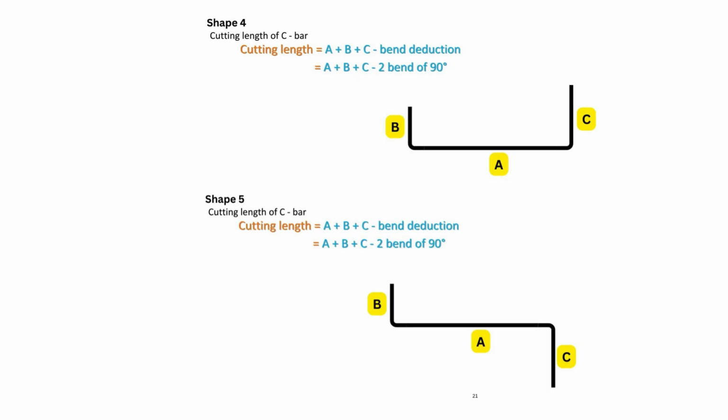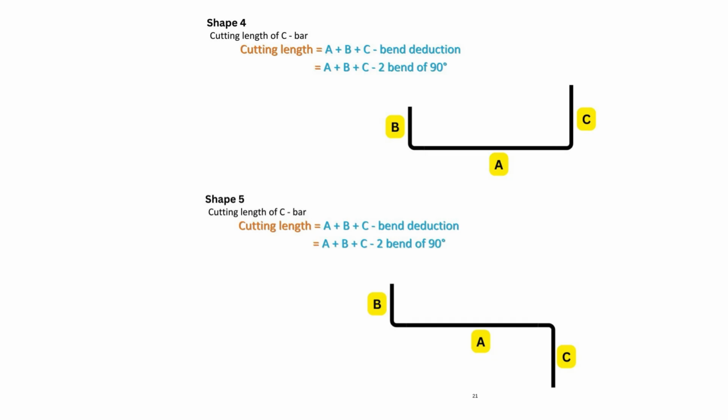Every 90-degree bend requires a standard deduction of 1 bar diameter, 1d, from the total length, as the bent portion consumes less length than a straight one. So for two 90 degrees bends, the total bend deduction becomes 2d. Final cutting length formula. Cutting length equals A plus B plus C minus 2d. This ensures the steel bar is cut precisely to the length needed on site.